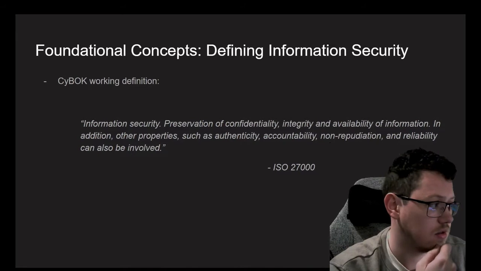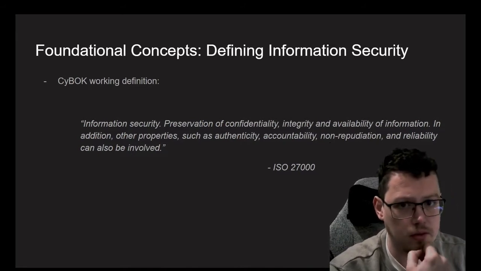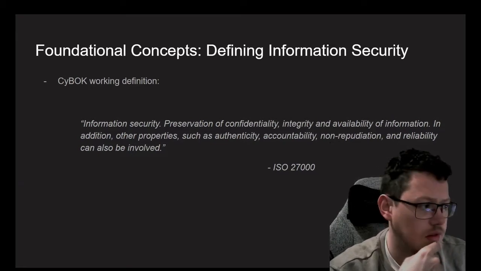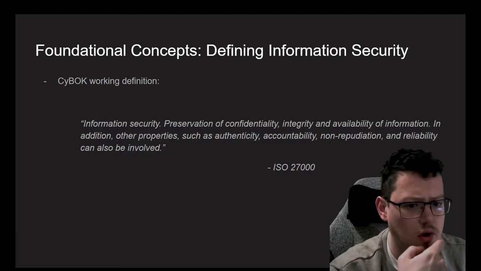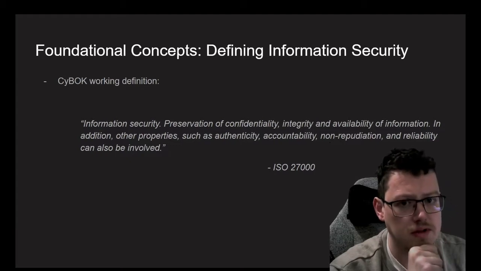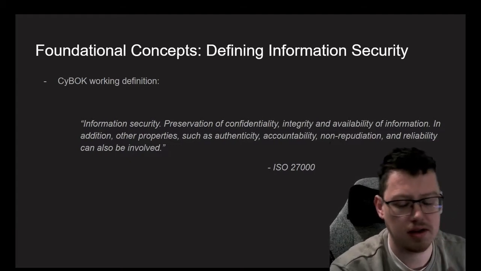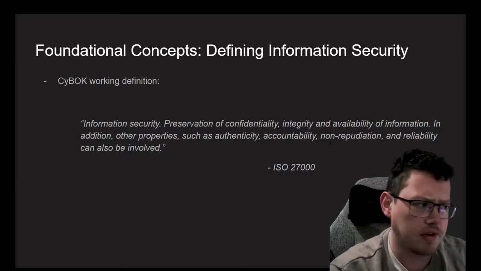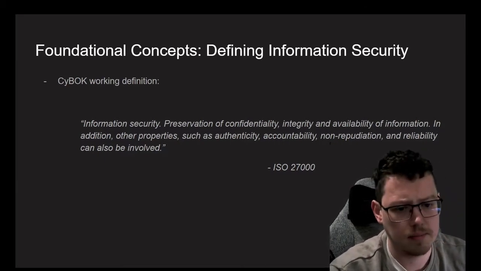This leans on the CIA Triad, which you will have heard about elsewhere in the course, but this is a way of describing the objectives or goals of preserving, defending, and protecting an asset, basically. You've got confidentiality, integrity, and availability.